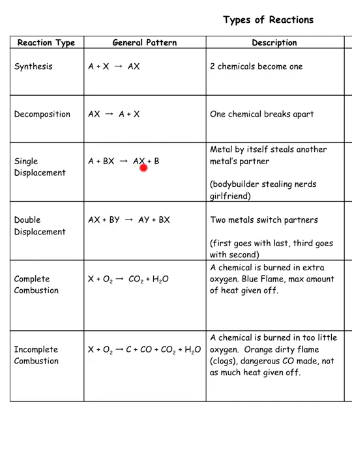So the A is going to go with the X, and you get AX made as a product, and then that kicks the B out all by itself. This is called a single displacement reaction because only one element is stealing a partner. You only have an element by itself, so it's single.